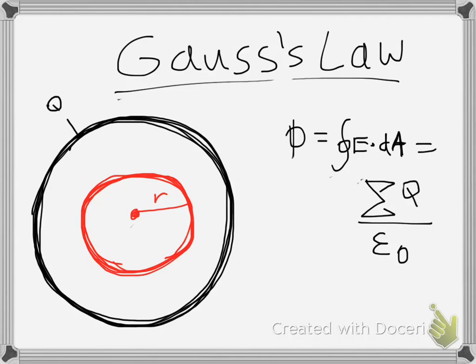So we can use Gauss's law to solve for the electric field. We want to do that for a radius little r inside the black sphere, and a radius little r which is bigger than the radius of the black sphere.